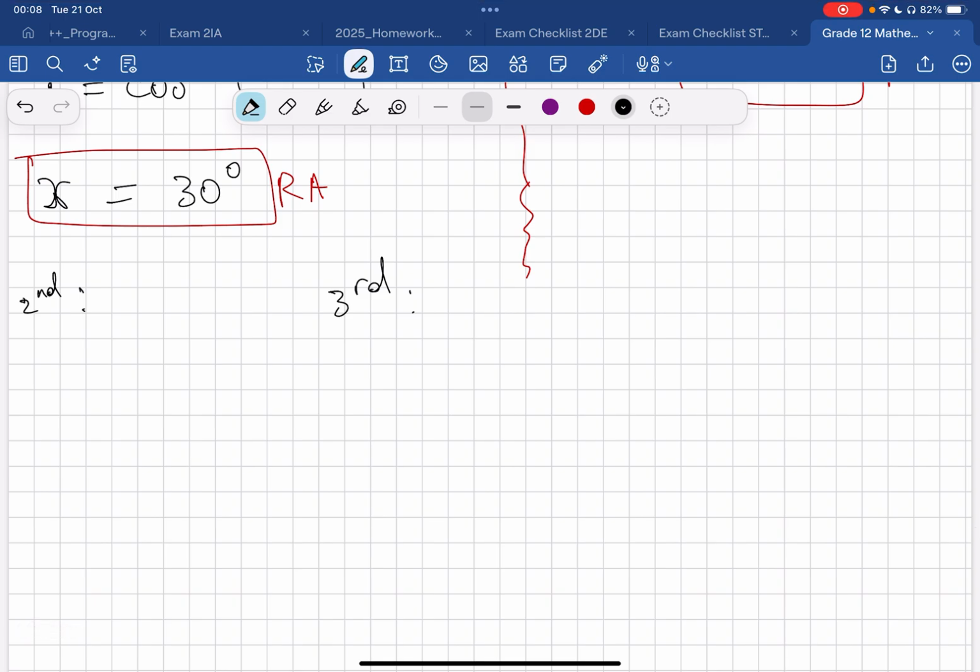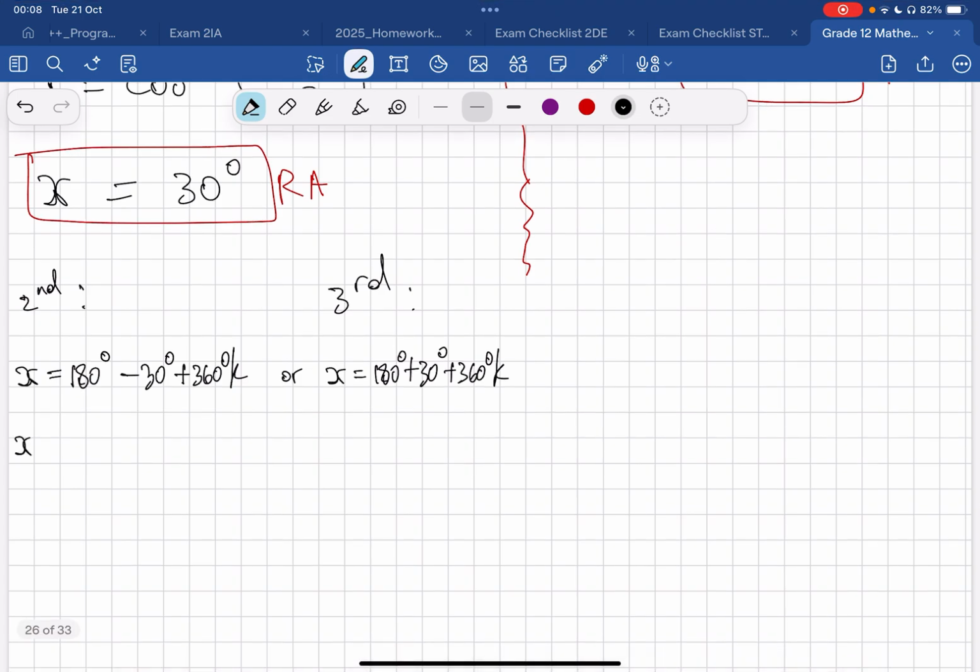That means x is equal to 180 degrees minus 30 degrees plus 360 degrees k, or x is 180 degrees plus 30 degrees plus 360 degrees k. Why are we adding 360 degrees k? Because the period of a cos graph is 360 degrees. This will be 150 degrees plus 360 degrees k. This will be 210 degrees plus 360 degrees k.